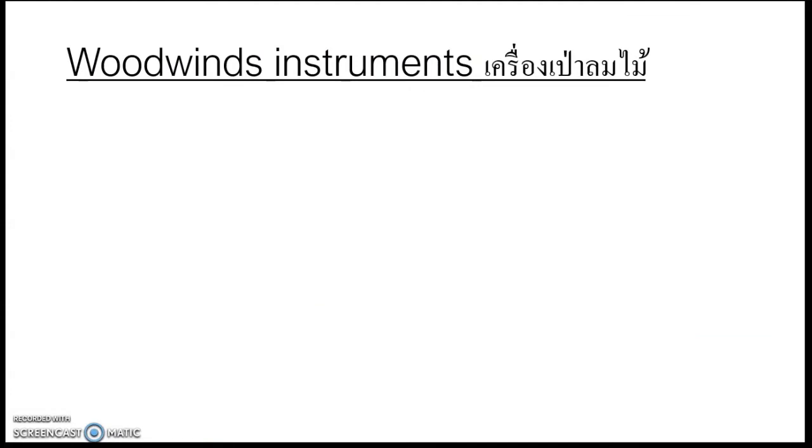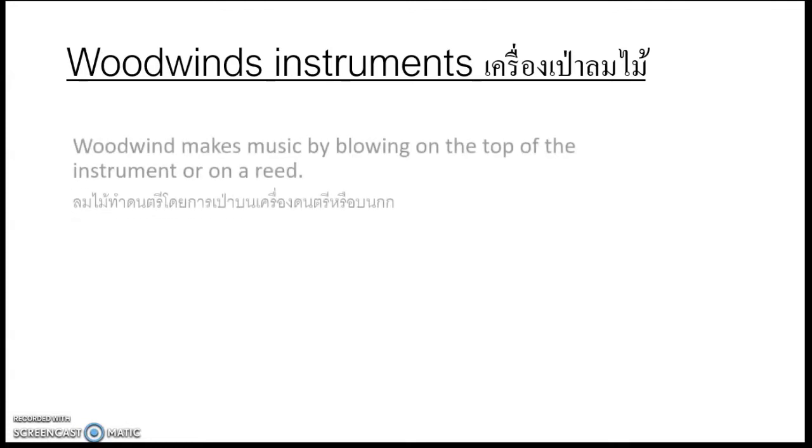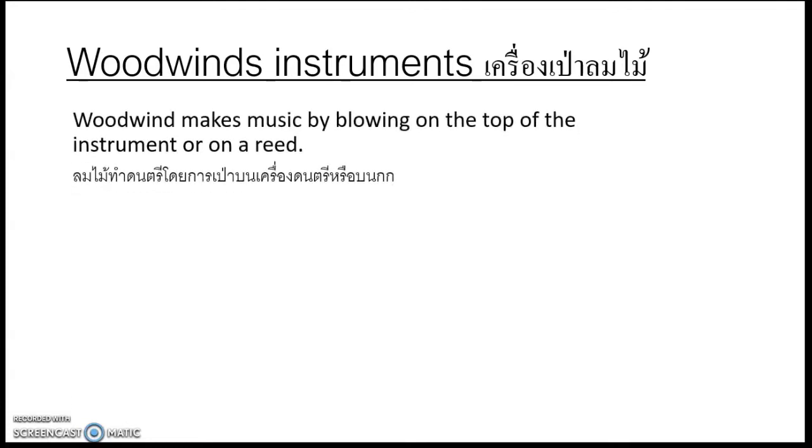Like for example, woodwind instruments. Woodwind makes music by blowing on the top of the instrument or on a reed. Like for example, this one.